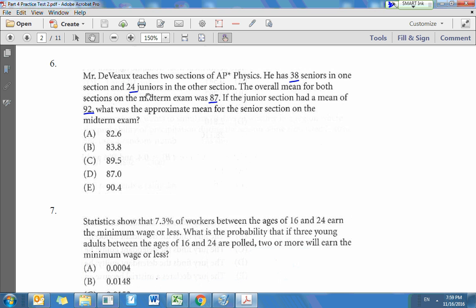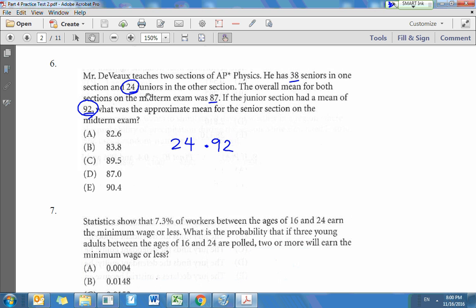So there are 24 juniors, and the mean is 92. If I multiply 24 times 92, that would give me the total score, the sum of the scores of all the juniors. I'll use a dot for multiplying.